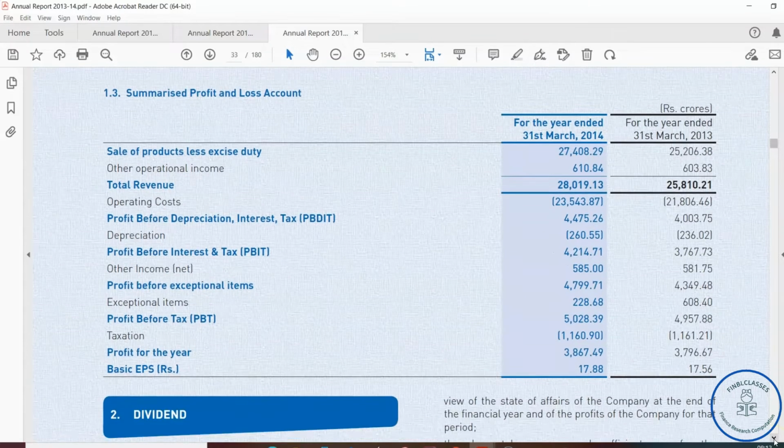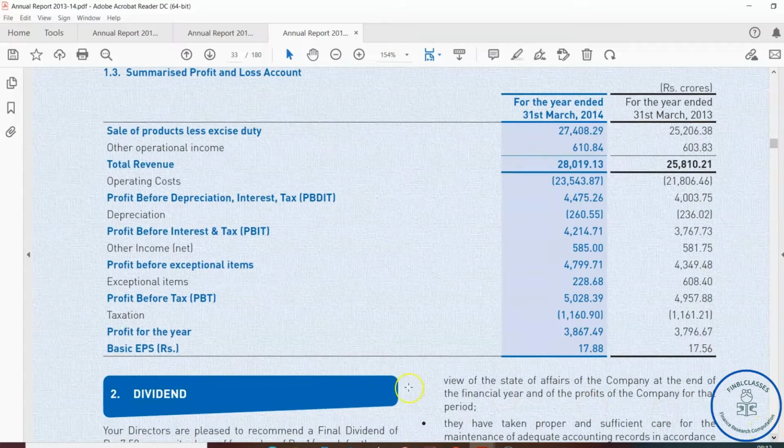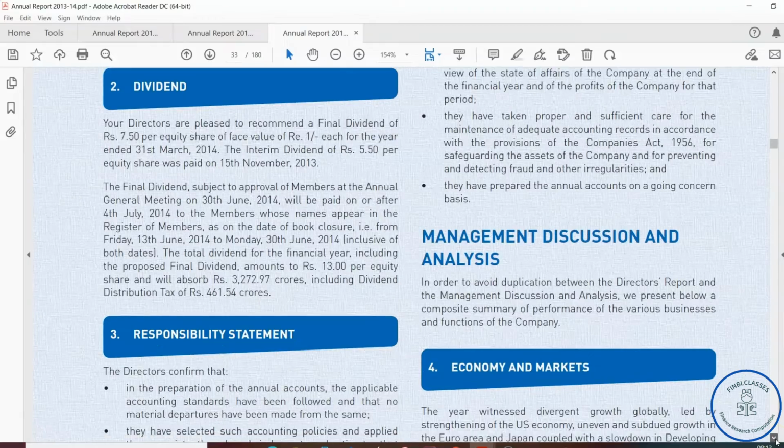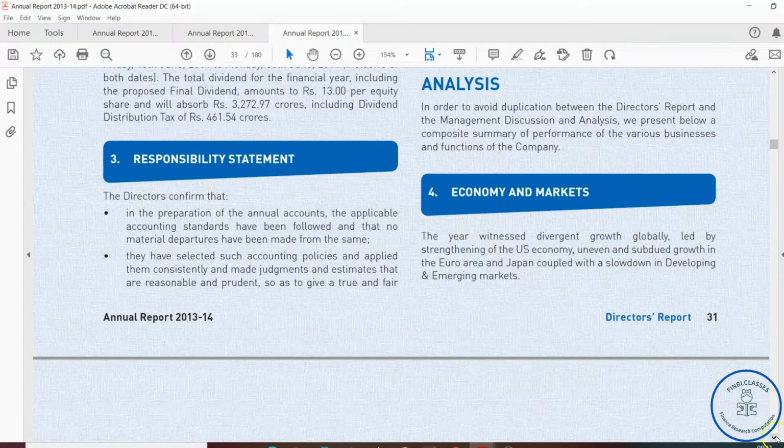Then they have given the summarized profit and loss account, where the profit for the year 2014 is 3,867.49 crore. Now we get into the MD&A, which says something on economy and markets.